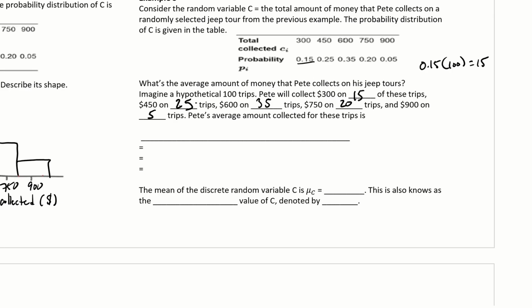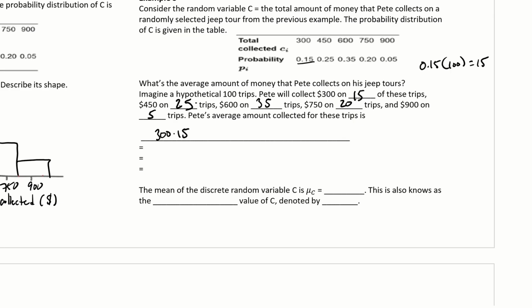So we can do 300, and there's not that much room here, so I'm going to write it small here.